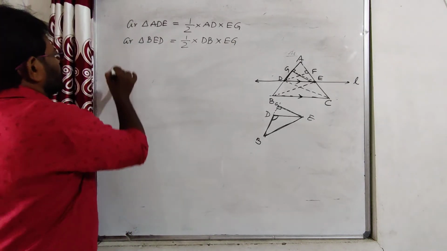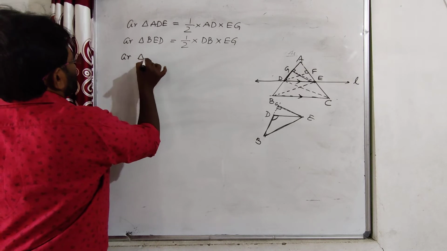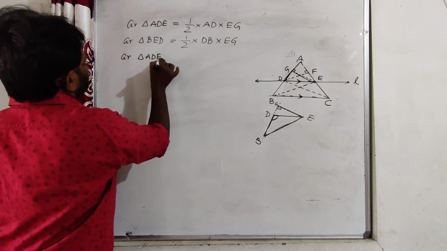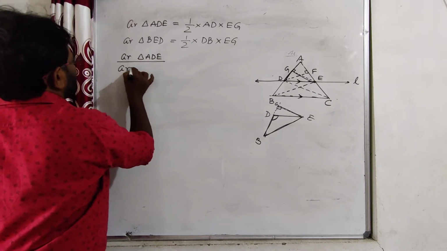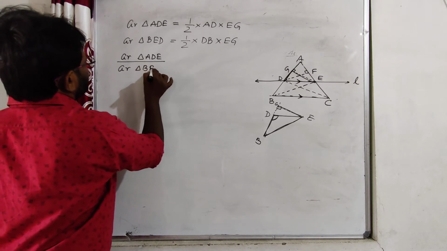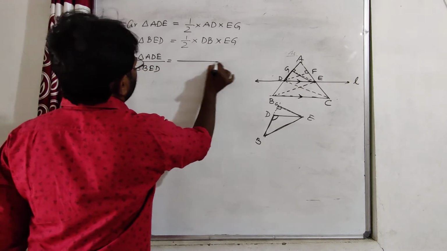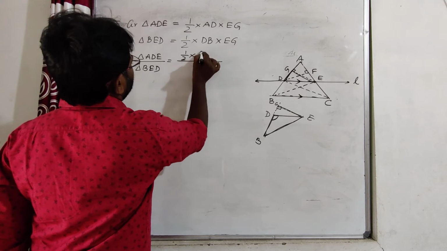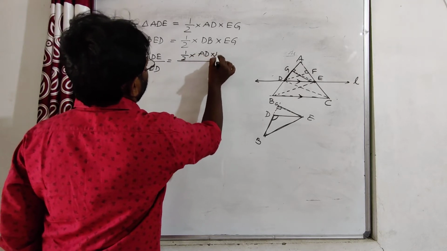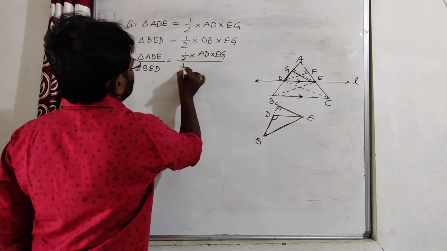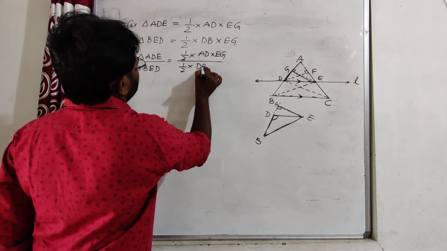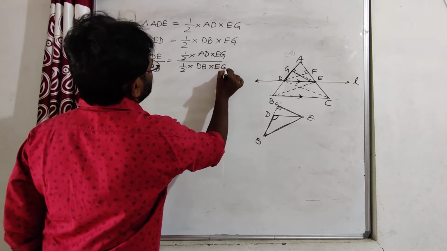Agree? Now I am taking area of triangle ADE by area of triangle BED. See what happened: 1/2 AD into EG over 1/2 DB into EG.